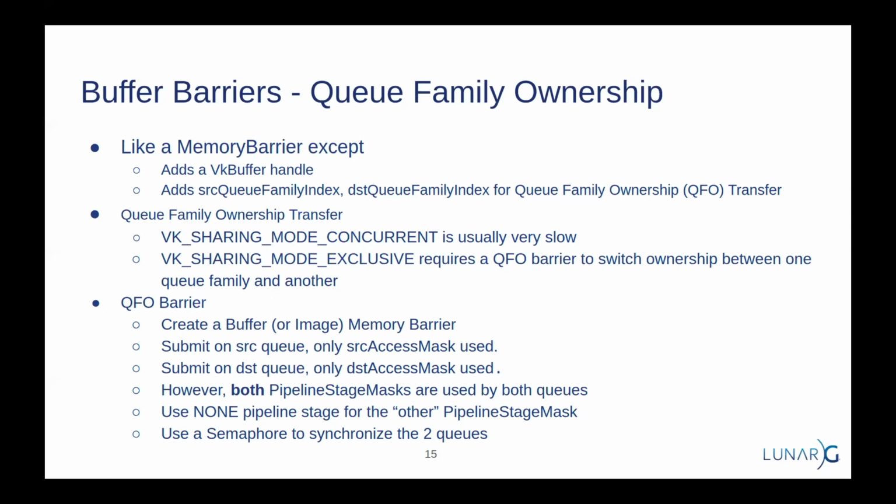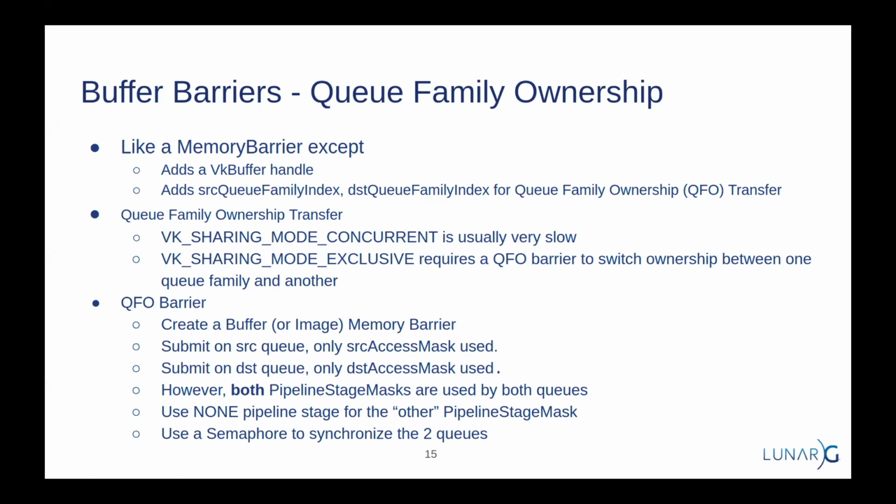The concurrent mode is often very slow because it's doing cache coherency potentially between the hardware associated with the two queue families, and that will slow down every single memory access. So usually it's more efficient to just have these barriers to manage the memory accesses when it's actually necessary.